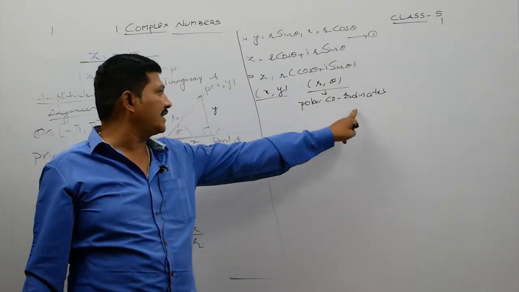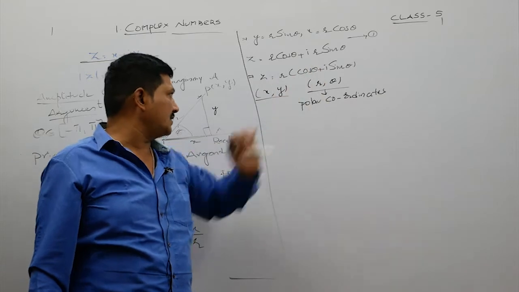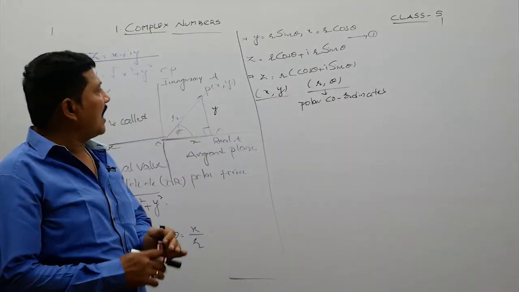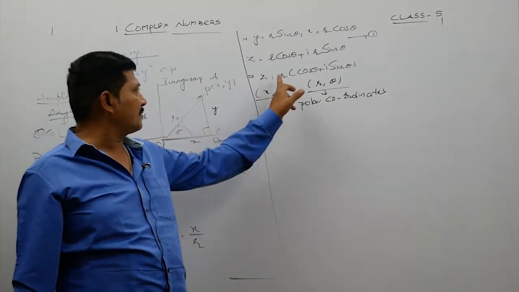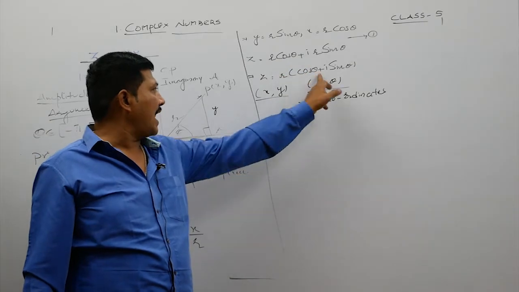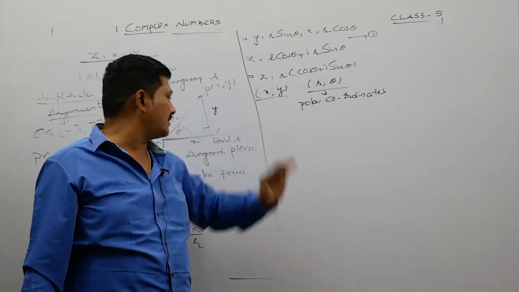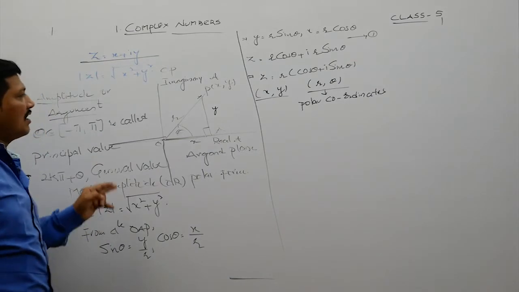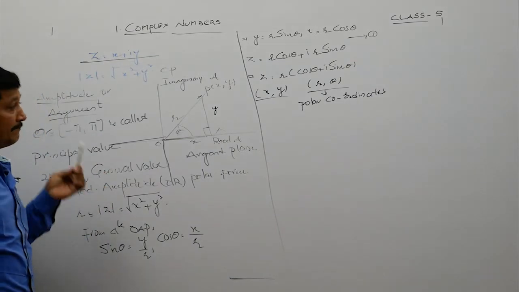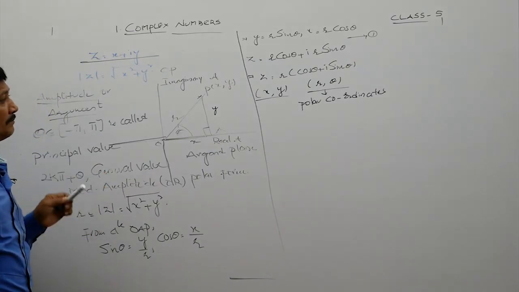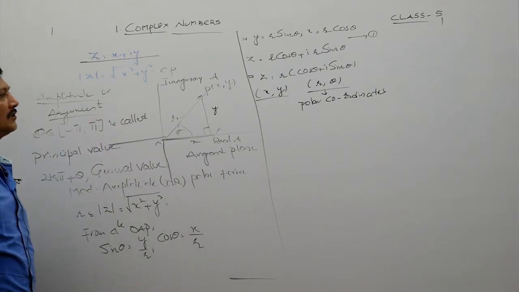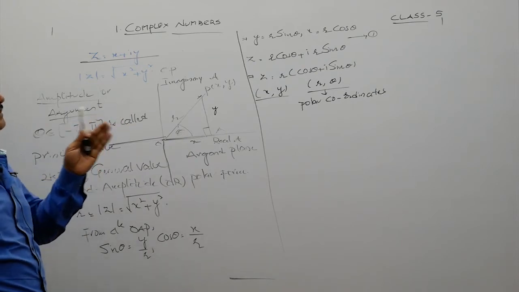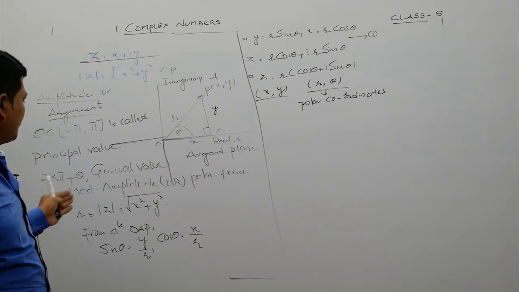Alternatively, you can use modulus as well as amplitude, both are included here, so we can call this mod amplitude form. And every complex number can be put into that form: z is equal to r into cos theta plus i sin theta, and hence it is named that.